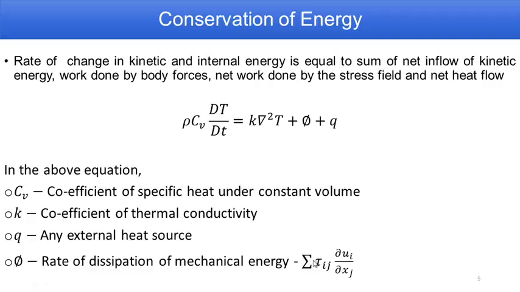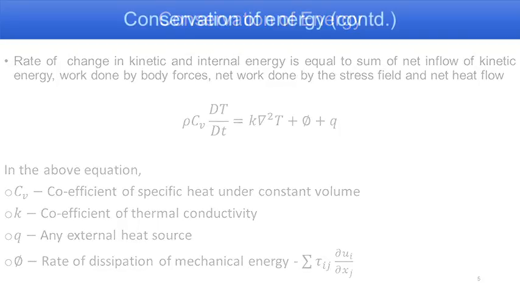This index notation is also called tensor notation. We are not going into the details of the tensor notation here; only this term is expressed in this form. As I mentioned before, from the definition, for simple conditions the equation is derived and given here, and there are other forms of the energy equation available in other references.